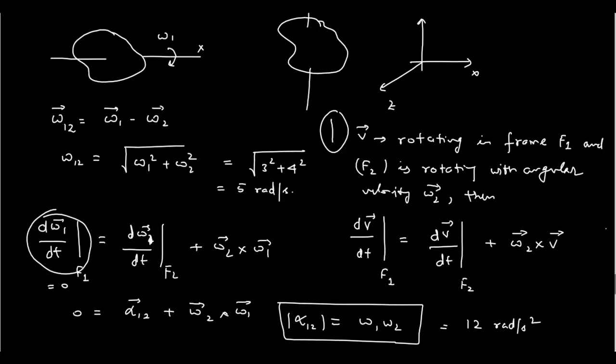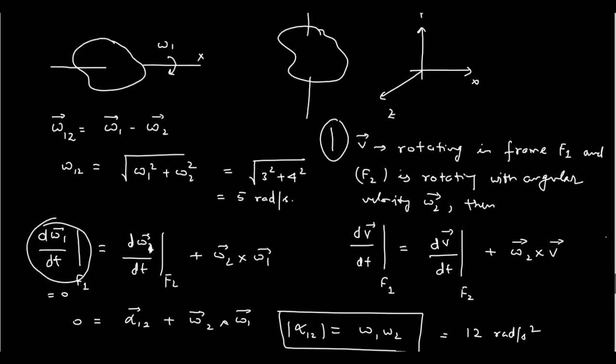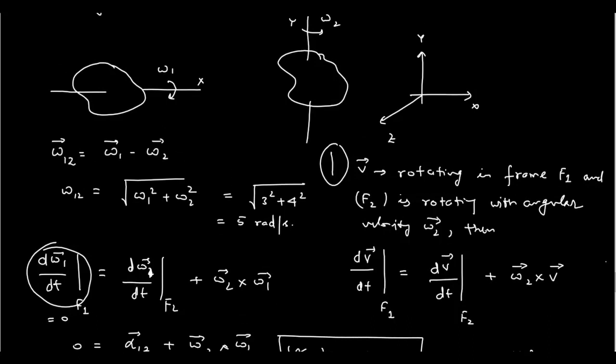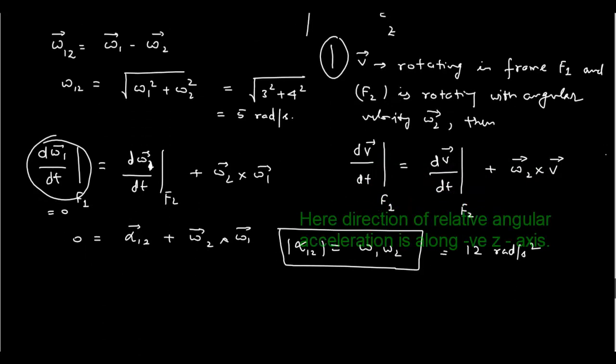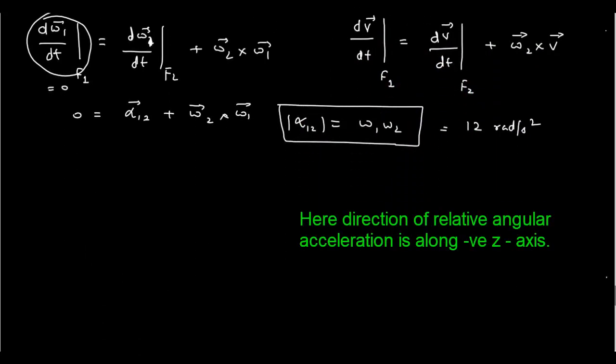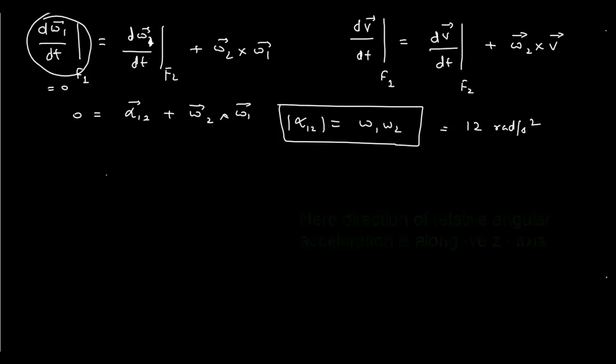Now for moving to another approach, look at this figure again: omega 1 I am taking along the x-axis, and omega 2 I am taking along the y-axis. Clear? So in another approach, let we have a point P on the first body, and when the body rotates, this point will move in a circle.